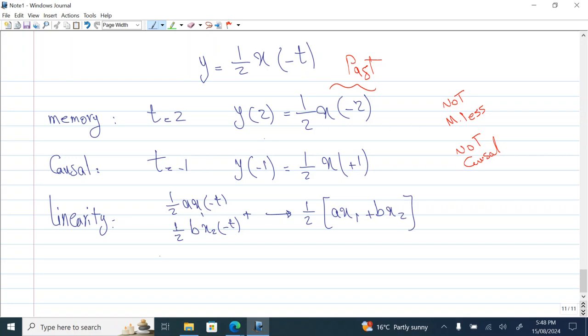Now, if I send AX1 plus BX2, I'll get half AX1 minus T plus BX2 minus T. So these two are equal and they are linear. Because we talked about this a lot, I quickly solved it.